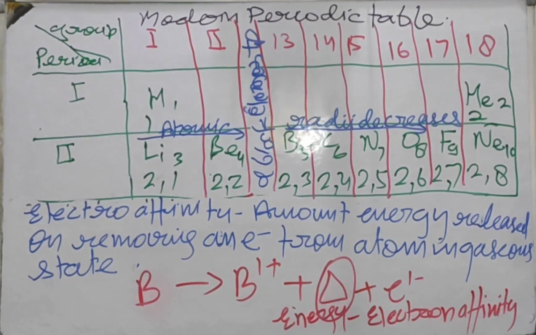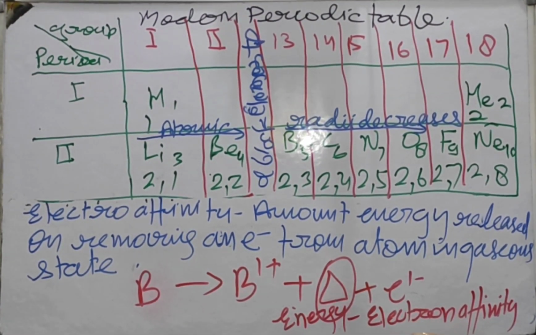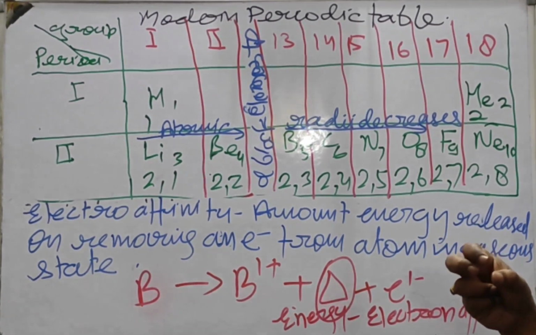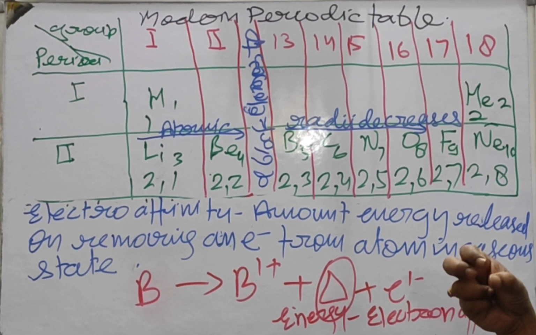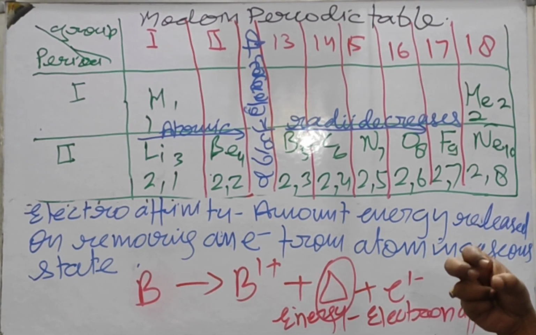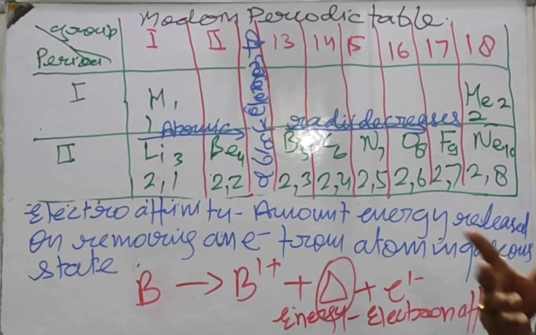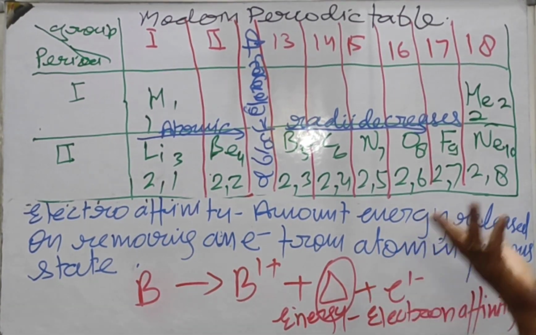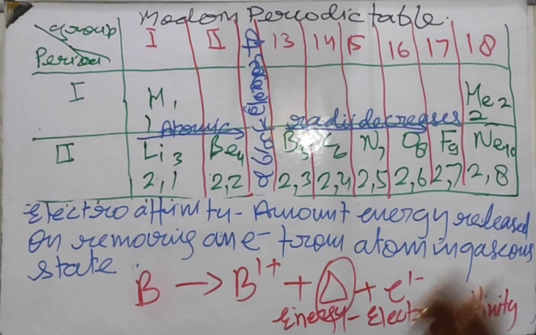Tendency to lose electrons, tendency to take electrons. So fluorine is having high electronegativity, and lithium is having high electropositivity. They have a tendency to lose electrons, and because of that lithium is having metallic character, and fluorine is having non-metallic character. Right.